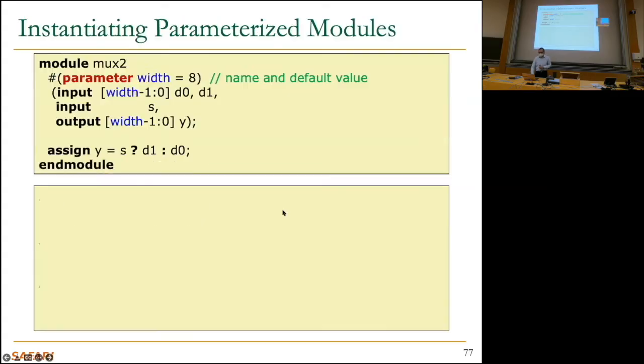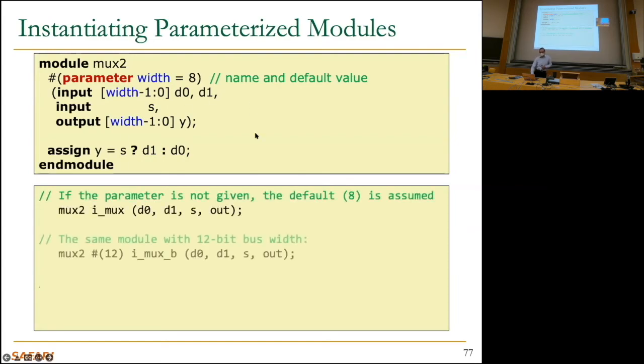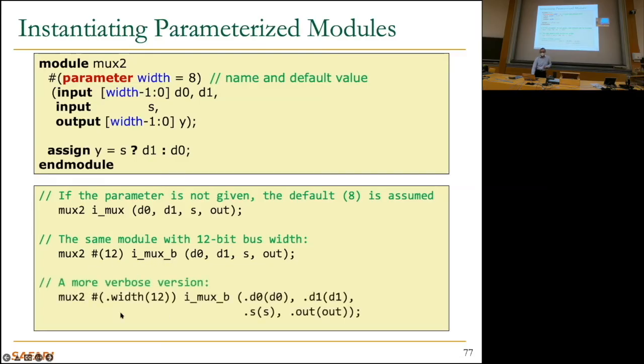Okay, I think I already said this, but let's take a look at an example. How do you instantiate a parameterized module? This is our module that we saw earlier. As expected, if you don't use any parameter, then the default is assumed. This is how you instantiate a 12-bit 2-input mux. And this is how you instantiate a 12-bit 2-input mux in a more verbose version.